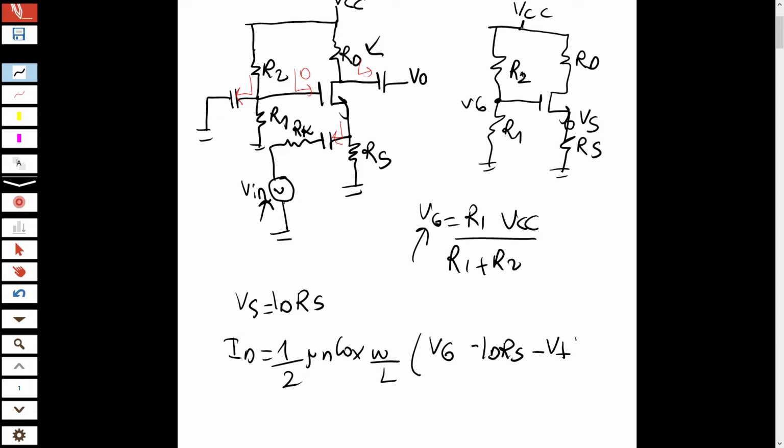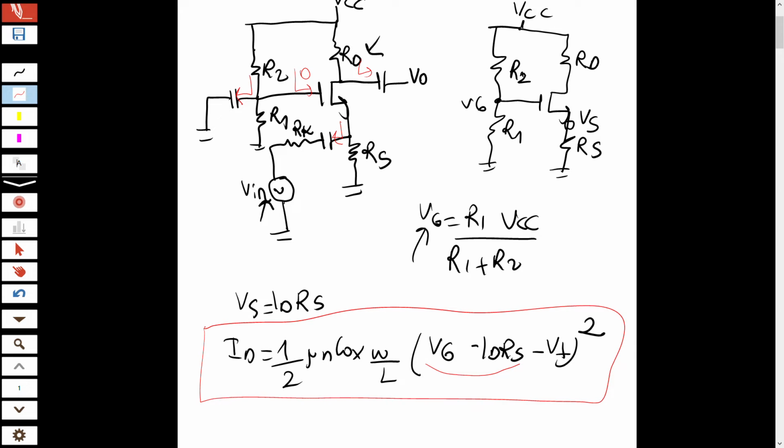I subtracted V gate minus V source, and V source is ID times RS. So I can solve ID from this equation, and after finding ID, my DC analysis is done. I can find the drain voltage, I can find the source voltage, and that's it.